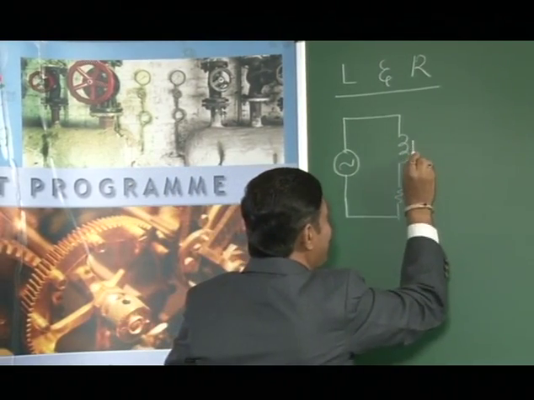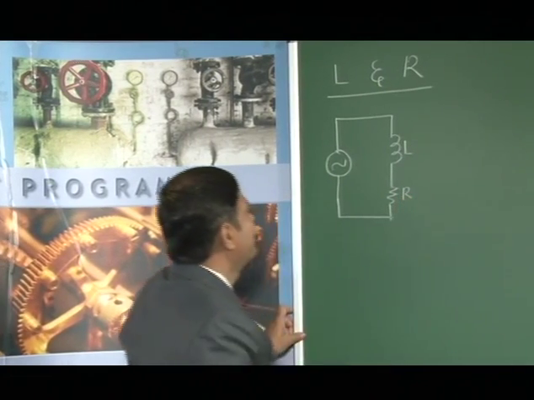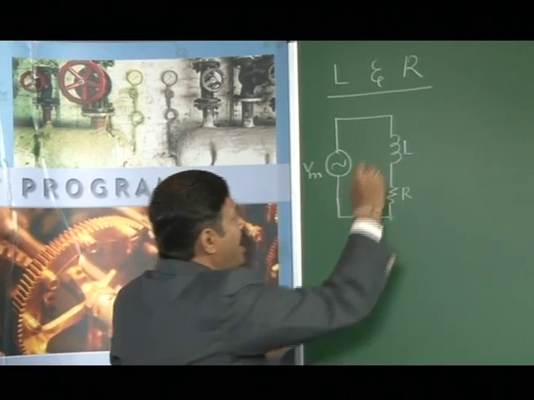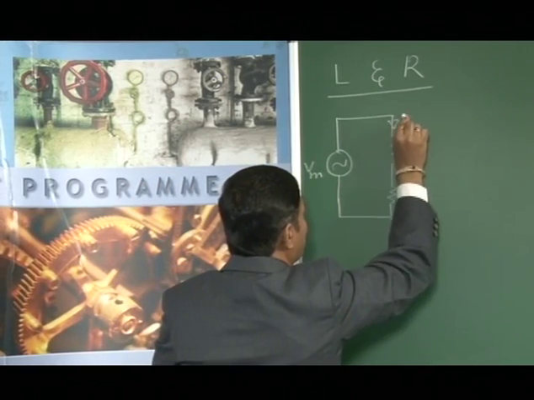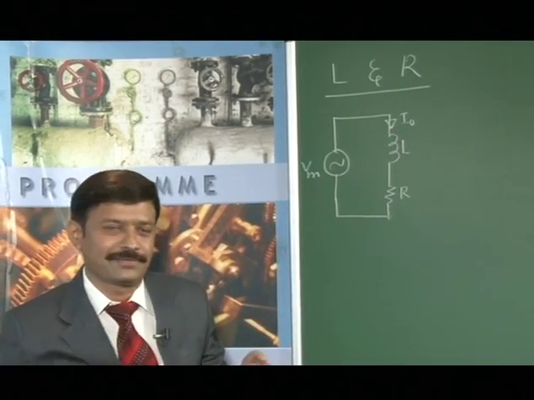Represent this one as L, R. This is the voltage and current I naught is flowing through this inductor and resistor.